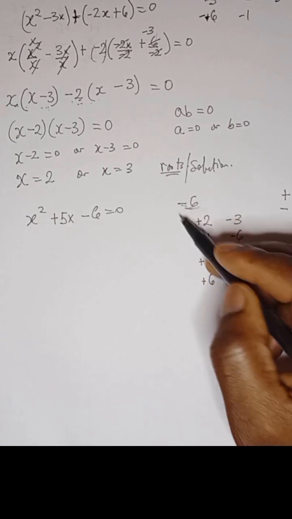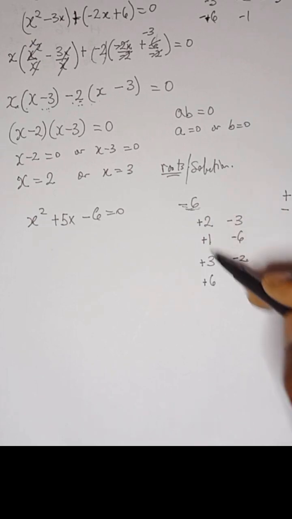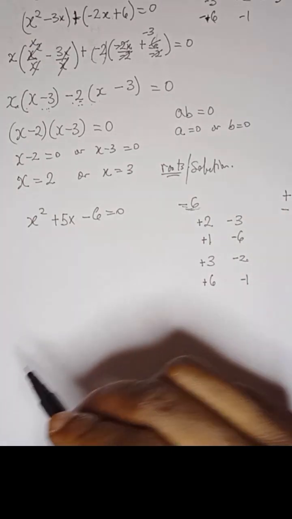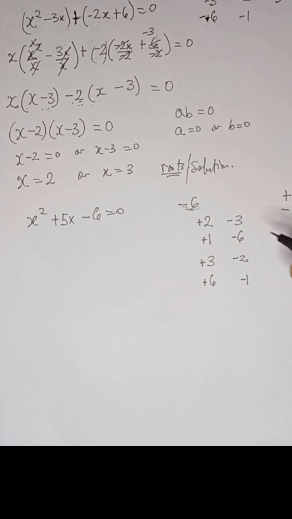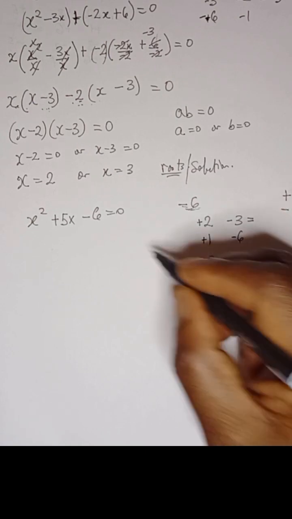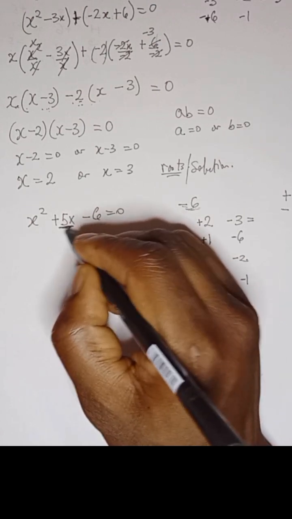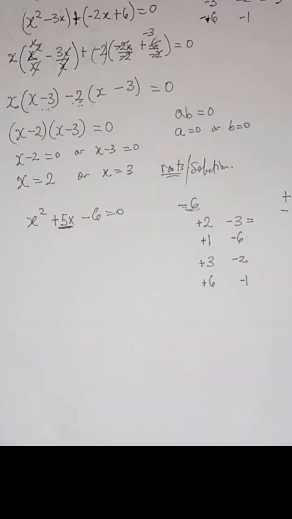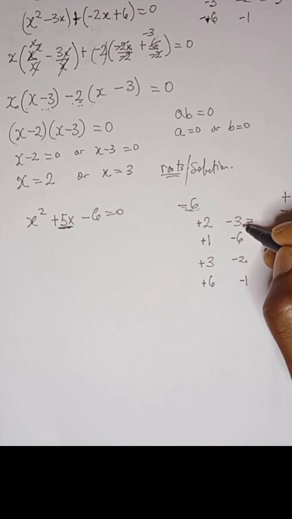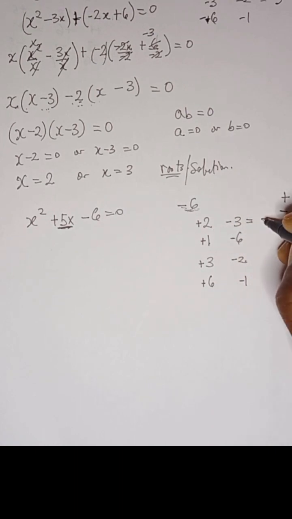Because the product I'm looking for is negative, one factor must be positive and the other negative. Let us see which of these factors, when added together, will give me the linear term, which is plus 5. Plus 2 minus 3 will give us minus 1.